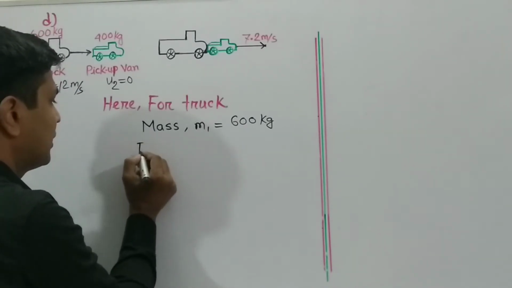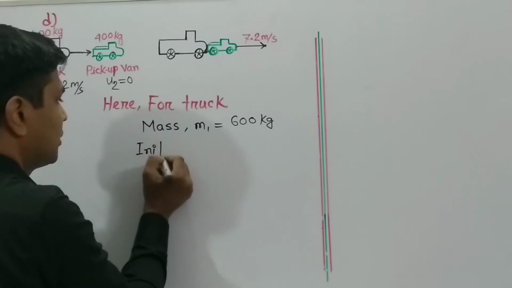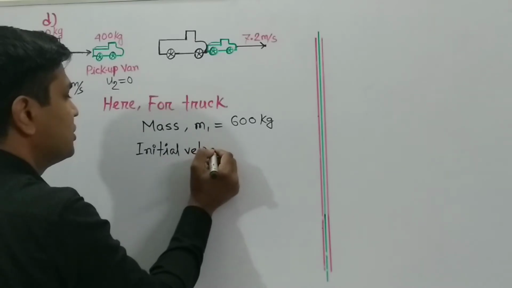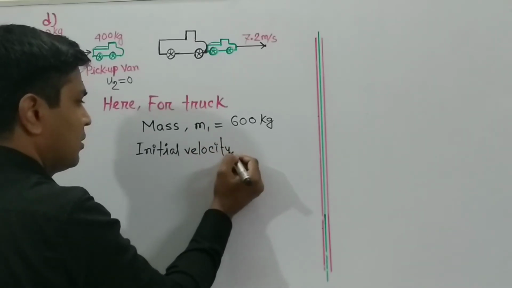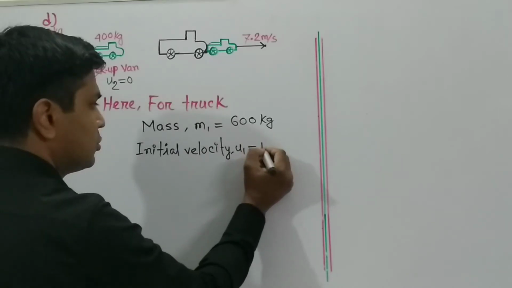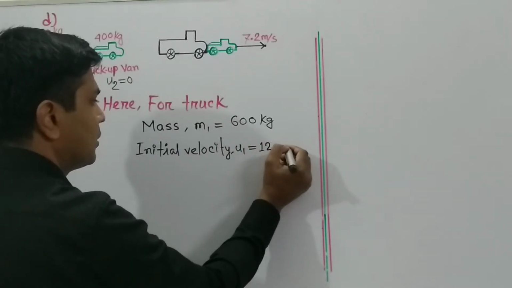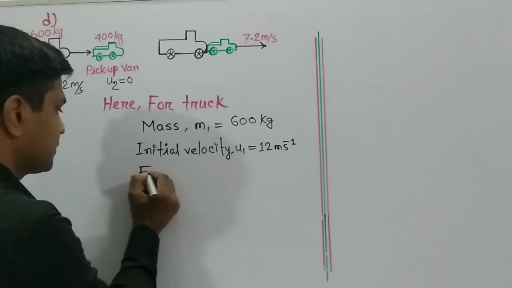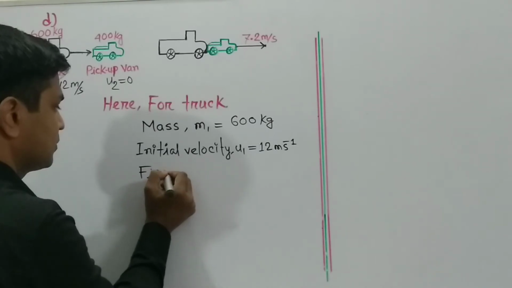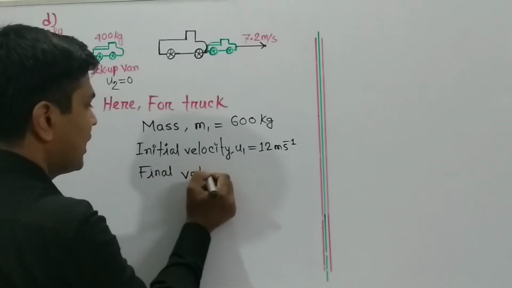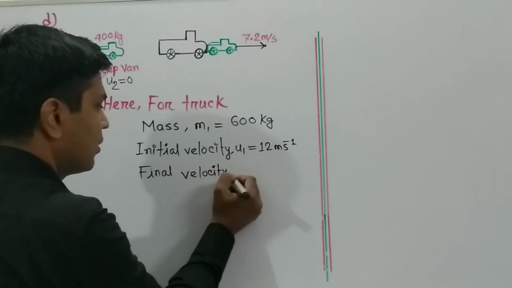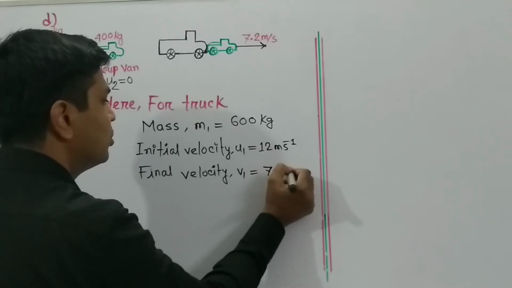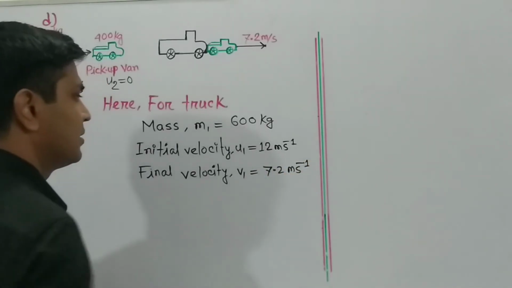So we can write here initial velocity, which is u1 equals to 12 meter per second, and the final velocity v1 is 7.2 meter per second.